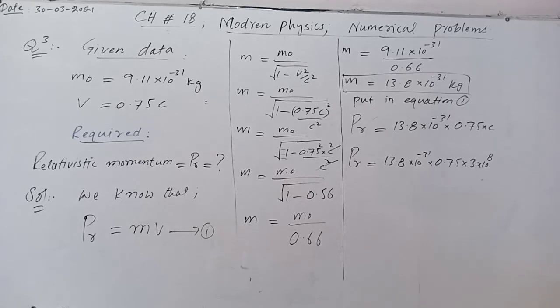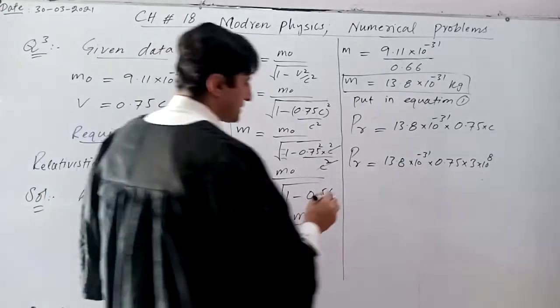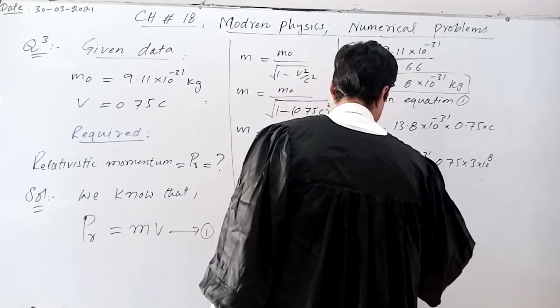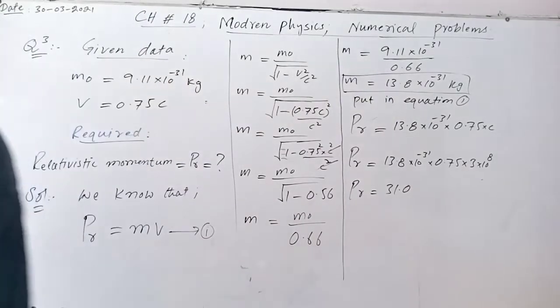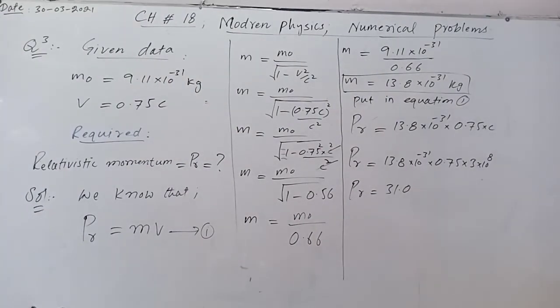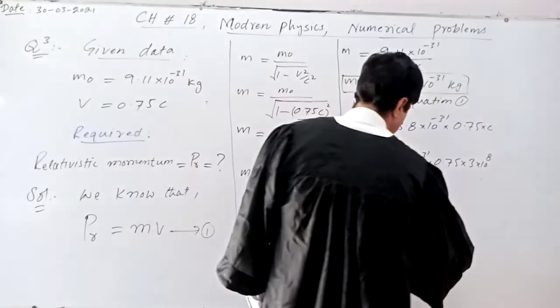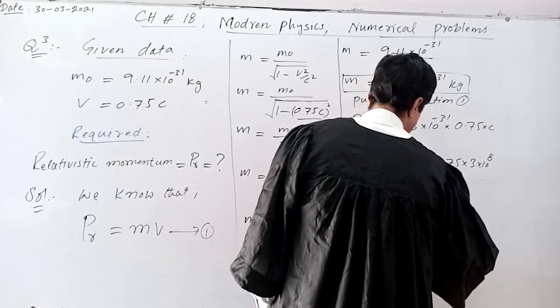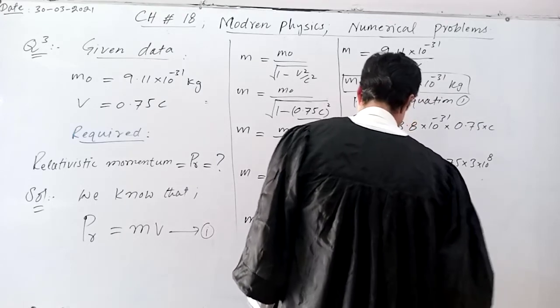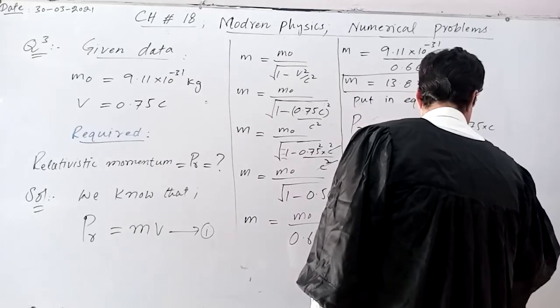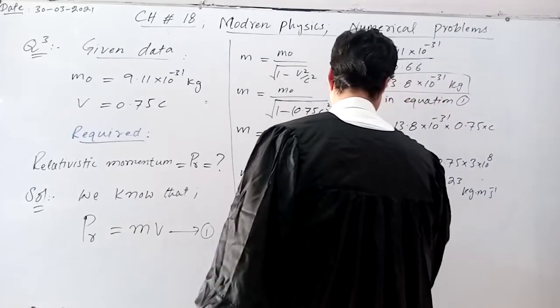We get 31.05 multiplied by 10 power minus 23 kg into meter per second. This is the unit for momentum.